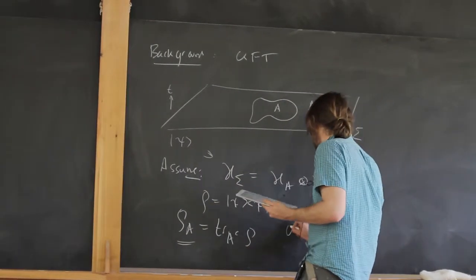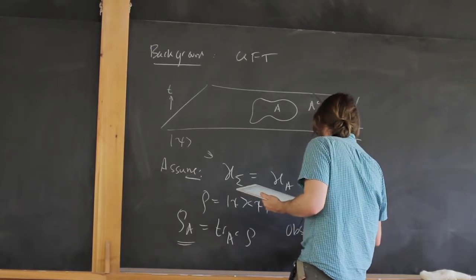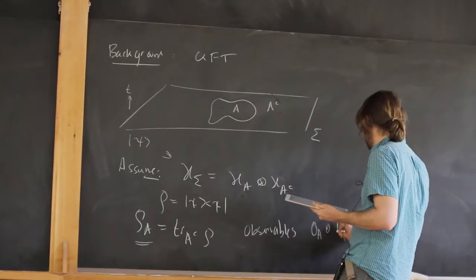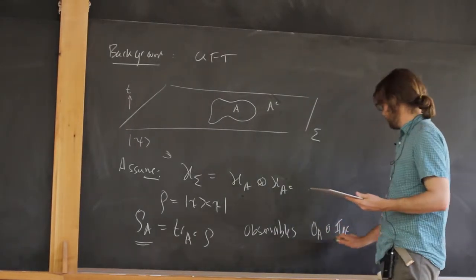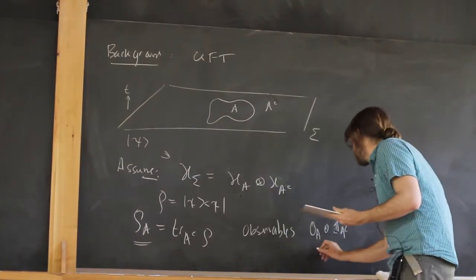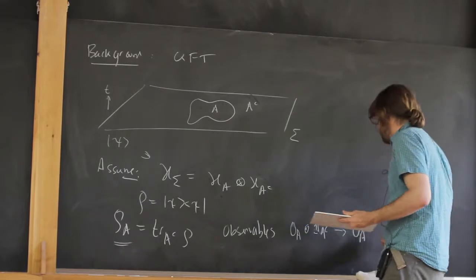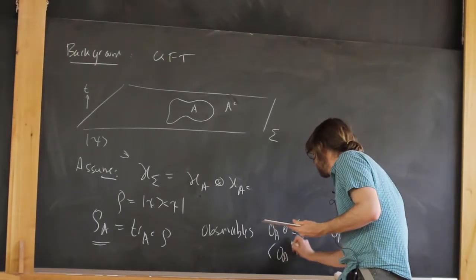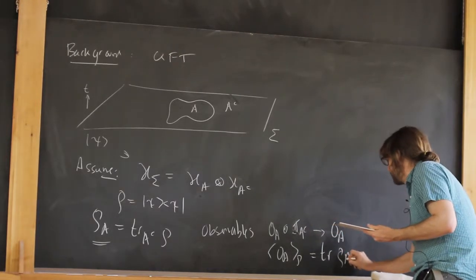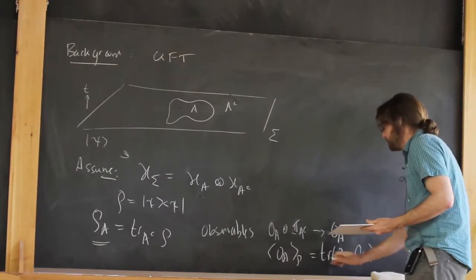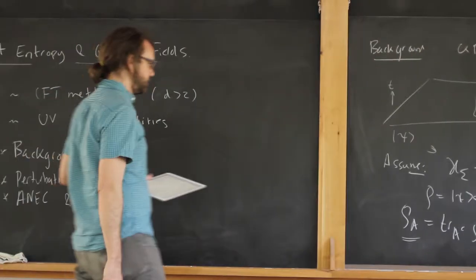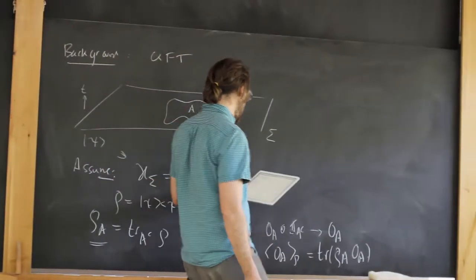So observables which are localized in A, with a unit operator on the tensor factor outside, which I'll often denote O_A, have an expectation value in the state rho that I can rewrite as a trace over the reduced density matrix in that region. This is a standard setup.